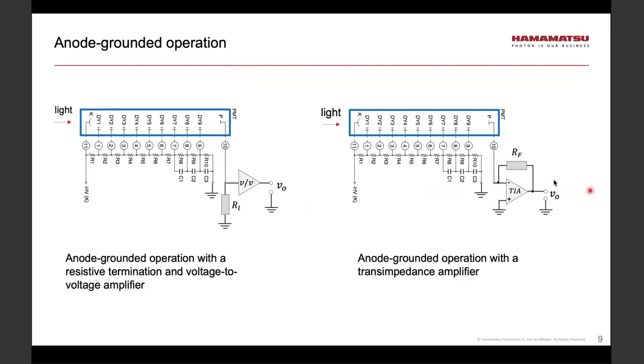However, the voltage V0 is still equal to the current that flows into the anode times the feedback resistor RF. One should note, however, that this circuit is rather more complex, needs its own power supply, and is certainly more expensive compared to a resistive load.